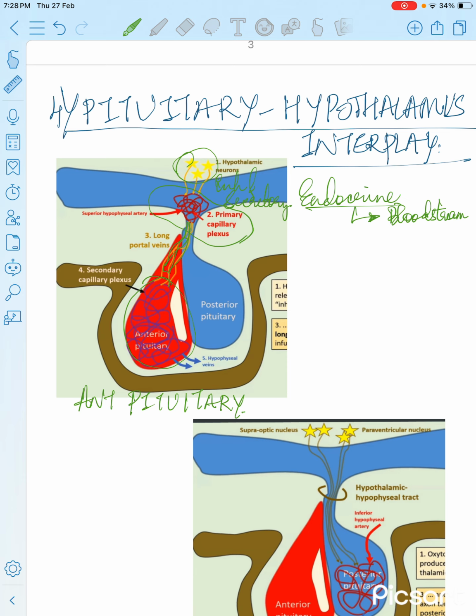they act to stimulate pituitary cells, the hypophyseal cells, to secrete respective hormones.